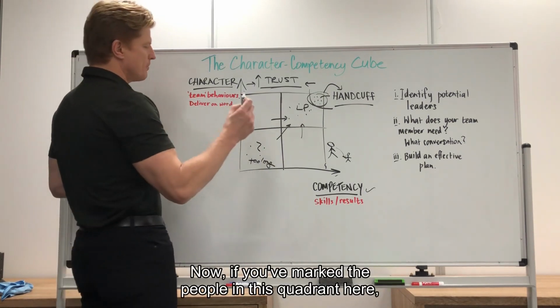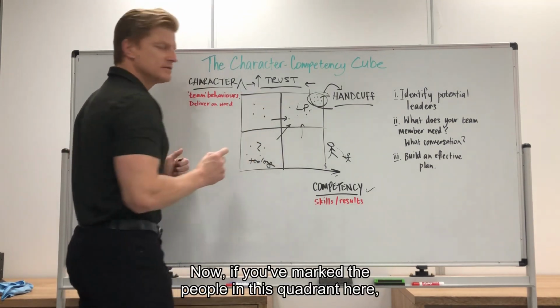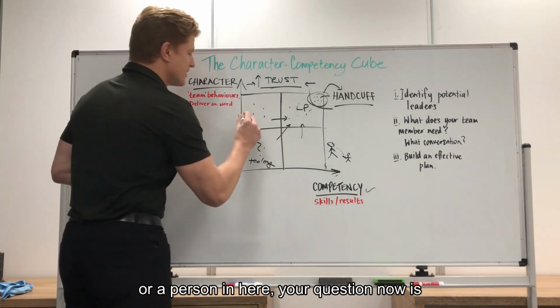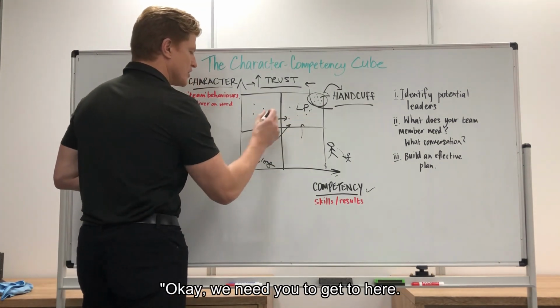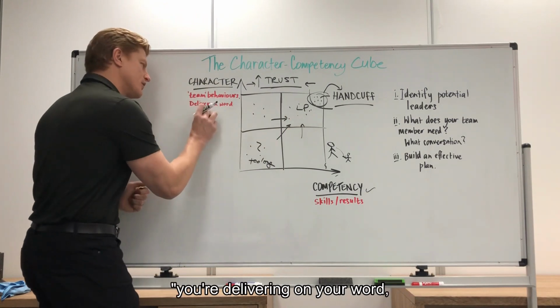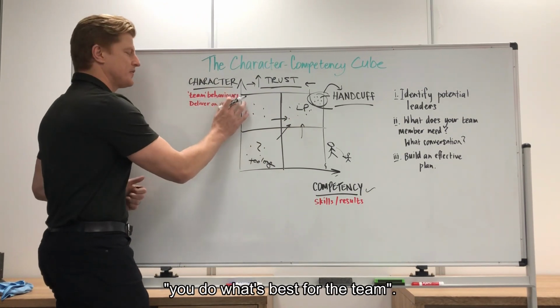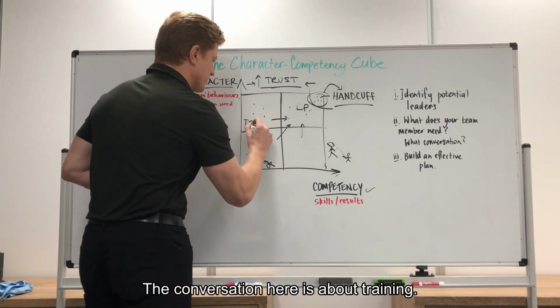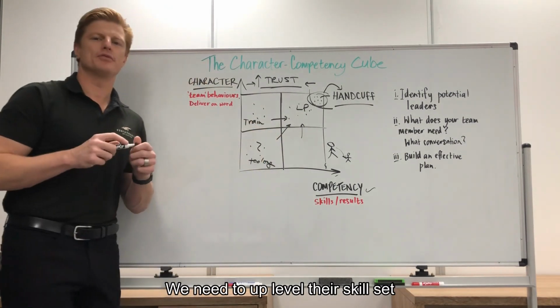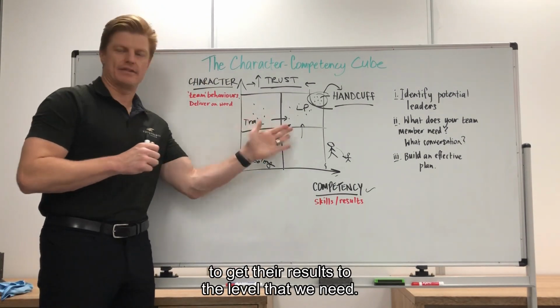Now, if you mark a person in this quadrant here, your question is, we need you to get to here. Your results aren't where you need to be, but you're delivering on your word, you're doing the best you can, you do what's best for the team. The conversation here is about training. We need to up-level their skill set to get their results to the level that we need.